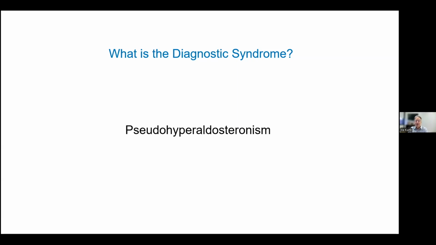They look like they should have hyperaldosteronism, so we call this pseudo because the renin and aldo are low. But that is a general medical category that has multiple causes. In our particular patient, we want to come up with why the patient had pseudo-hyperaldosteronism only during pregnancy that resolved.